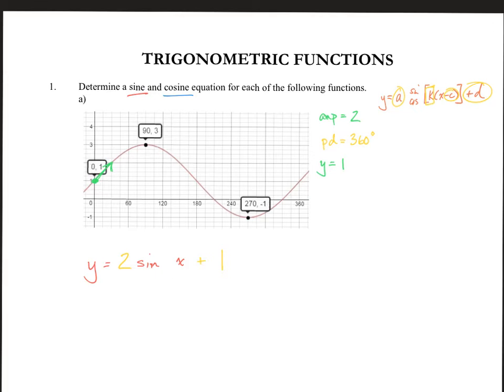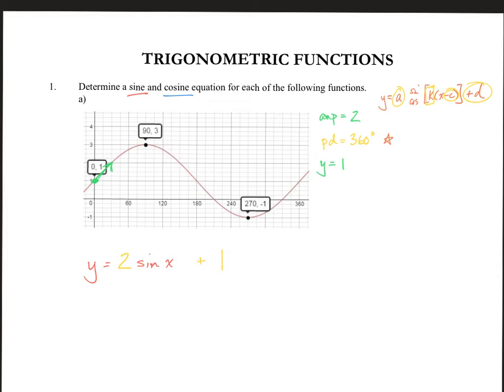Since my normal sine curve has a period of 360 degrees and this sine curve has a period of 360 degrees, we should know that there has been no horizontal stretch. The period didn't change, and therefore your k value would be 1. Now, since it's 1, you wouldn't write a 1 in there. You would simply write sine x, and we're good.